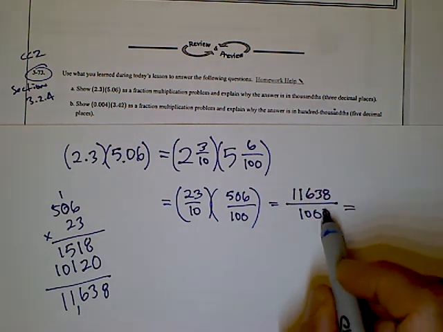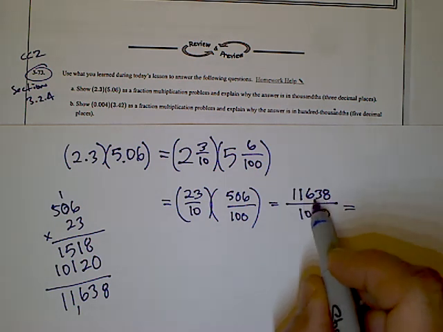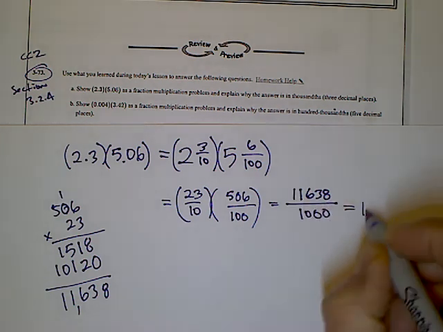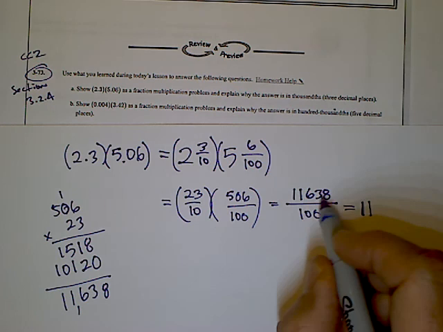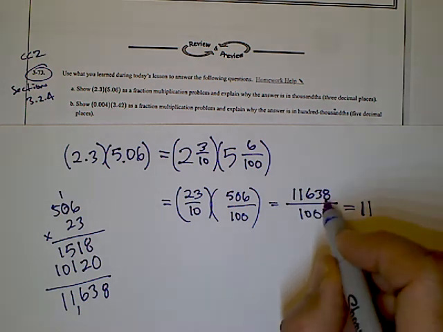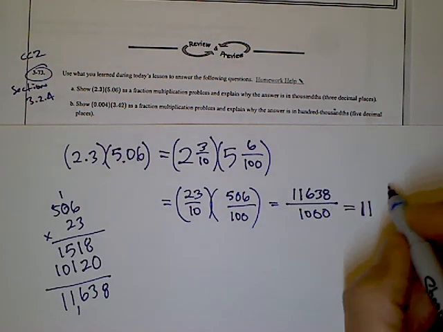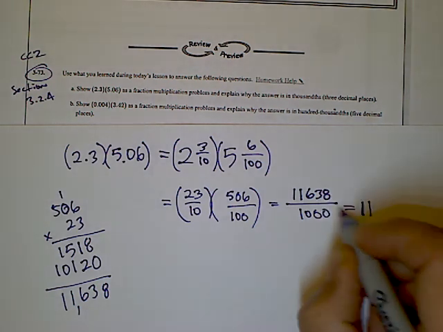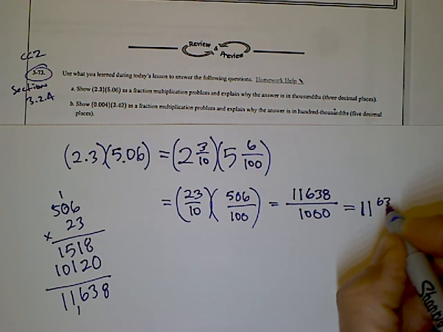1,000 goes into 11,638 eleven whole times, and then there would be a remainder of 638. Let me rewrite it as a mixed number so I can show you what I'm saying.